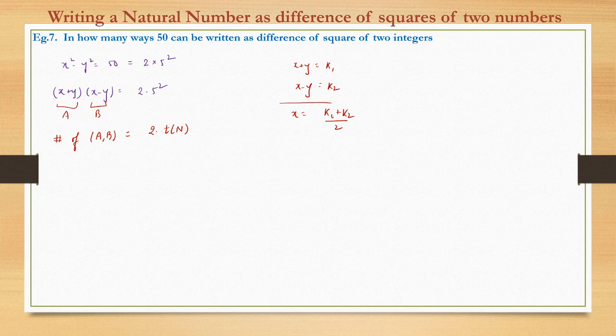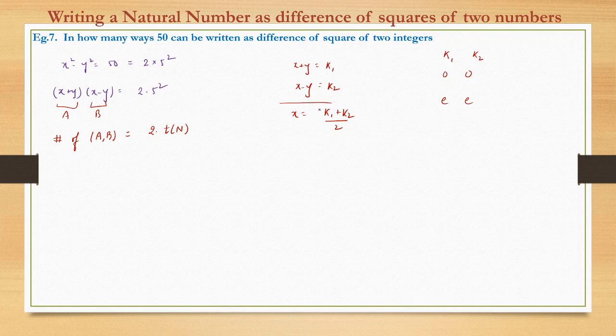Now x will have integral value only when k1 plus k2 is an even number. So to get this even, either both k1 and k2 have to be odd or both should be even. If both are odd, then odd plus odd is even, by 2 x will be an integral solution. Or if both are even, then it can have an integral solution.